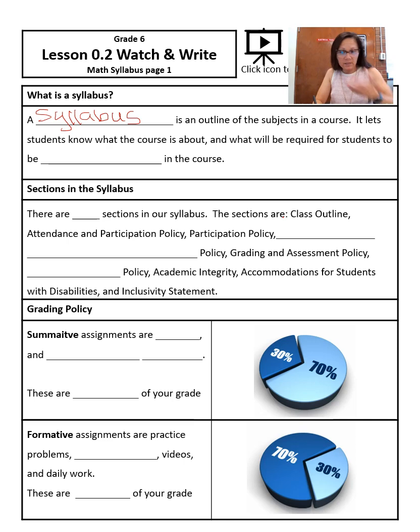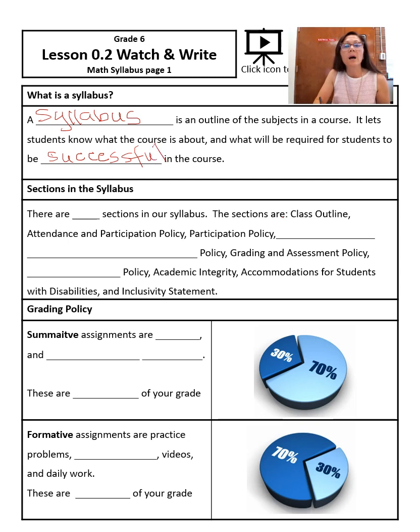So basically, a syllabus is an outline of the class. It lets students know what the course is about. So a syllabus is going to let you know what this class is about and what will be required for students to be successful in the course. So what do you need to do to be successful in this class? Okay, that's what a syllabus will tell you.